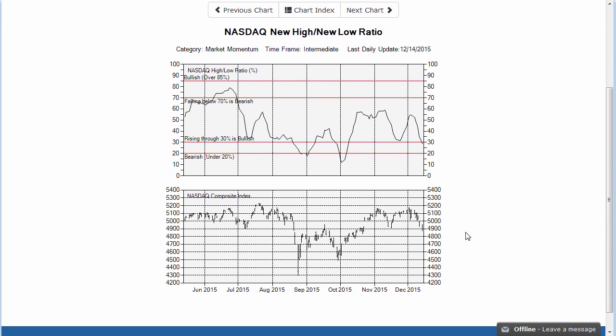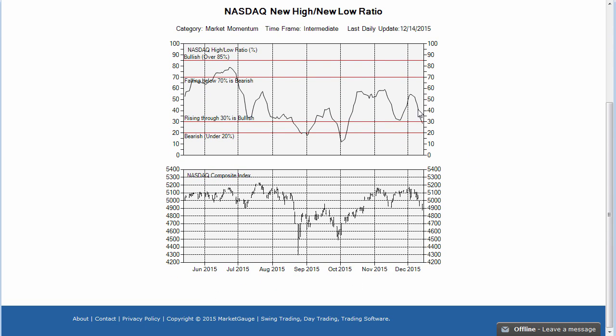And you can see that NASDAQ is going along the same lines, right? It's stronger. It hasn't got down to the 20, but it's down in the bearish area, all right? Under 20 is really bearish. You can see, however, that even in August when things fell apart, it just barely got under the 20, got a little worse in here.